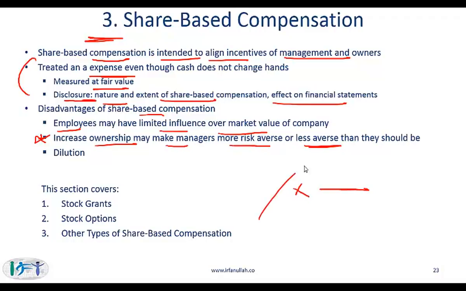If the stock price goes up, you make money equal to the difference. If the stock price goes down, then you don't lose anything based on the option. So let's say that your options are out of the money. The stock price is below the exercise price. You have an incentive in this scenario to take extra risk, because if your strategy fails, you don't lose anything. If your strategy works, then you can make a lot of money.